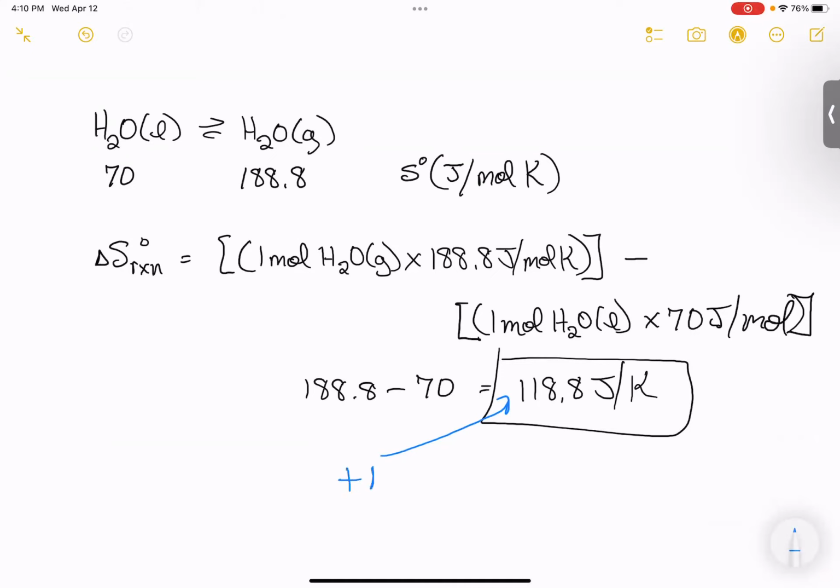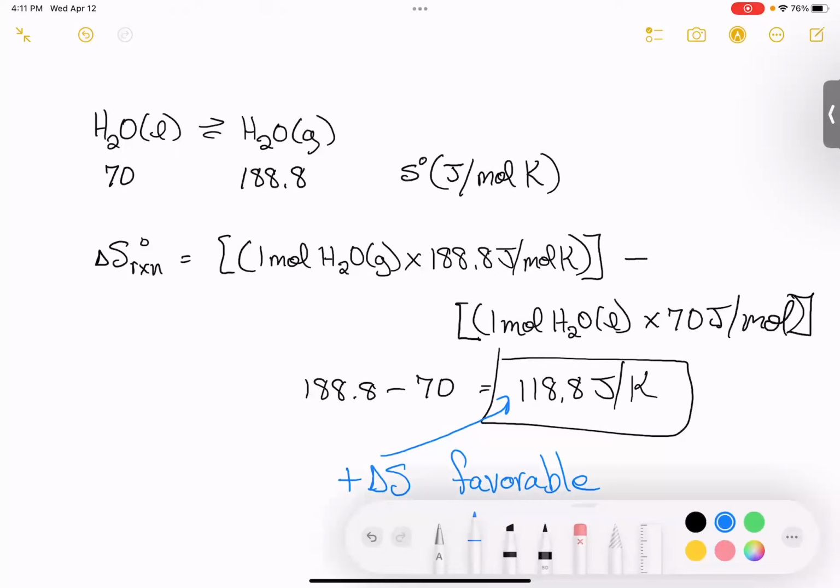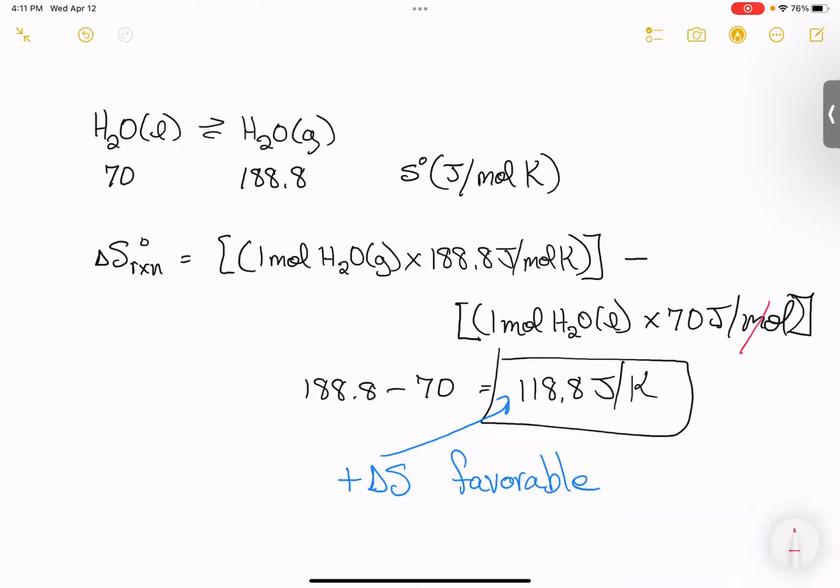So we are talking about a positive delta S. So it is a favorable process, which we just now proved with calculation, what we determined from visual inspection. The moles cancel out because mole cancels here and mole cancels there.